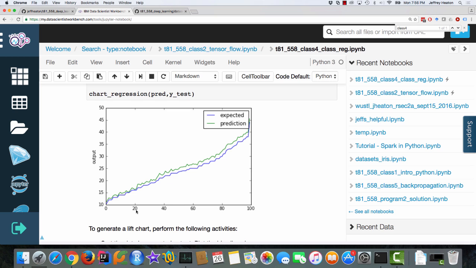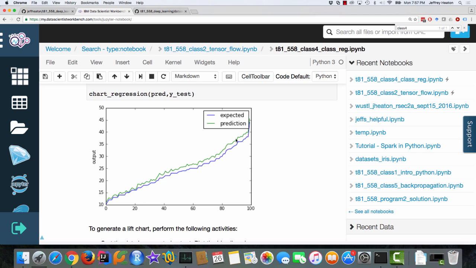In the lower 20 percentile, meaning the least efficient cars, the least miles per gallon cars, it's just coincidence that this 20 lines up with that 20 pretty closely. But for the ones that are getting 20 miles per gallon or lower, it's pretty accurate.